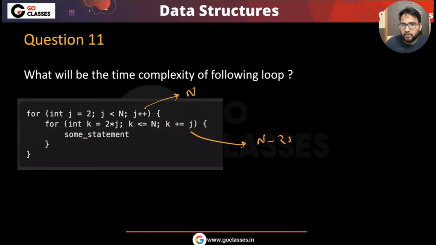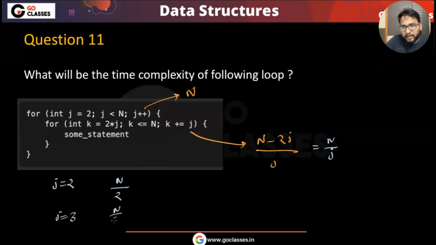Okay. So basically, this is going to run n minus n upon j times, right? Minus 2, let's just forget about it. So n by j times, which means if j is 2, then it is going to run n by 2 times. If j is 3, then n by 3 times. If j is 4, then n by 4 times, like that.